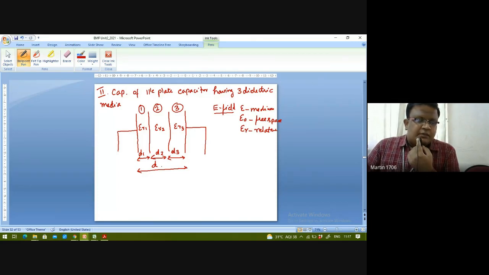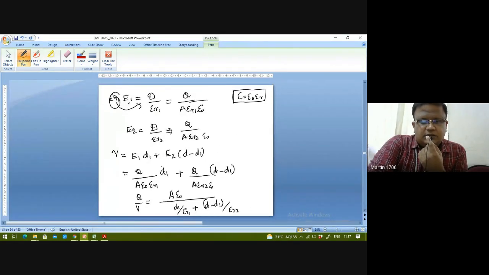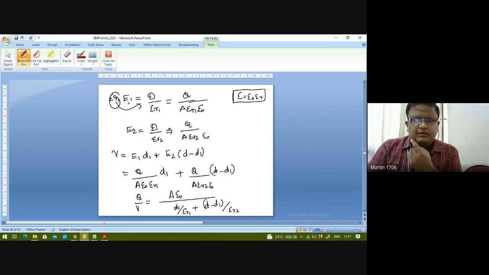But the thing is that we are going to achieve the value of the total potential. So how did we do it in the previous case? Let me recap the previous one. You can see the basic equation we defined for each medium.